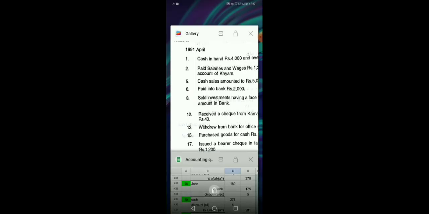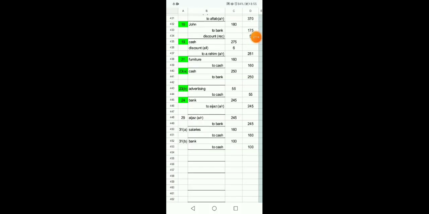Okay, there is a doubt: how are 245 and 245 the same amount for two different entries, 24 and 29? Let's check it out. Here is 24 and 29. Let's check the question.